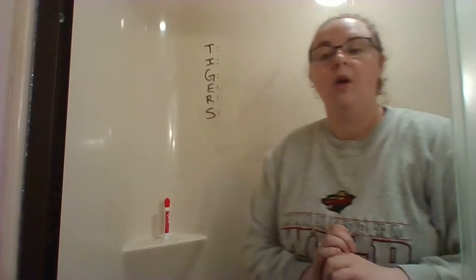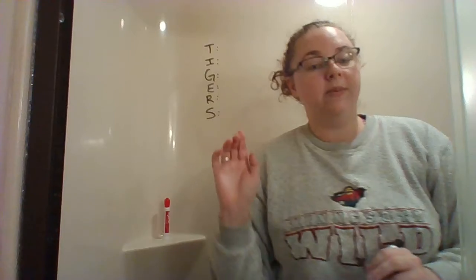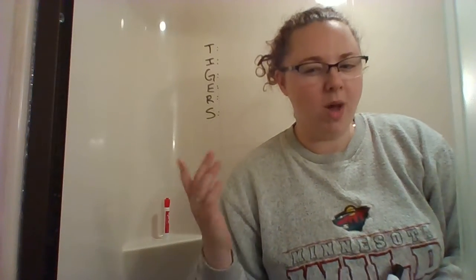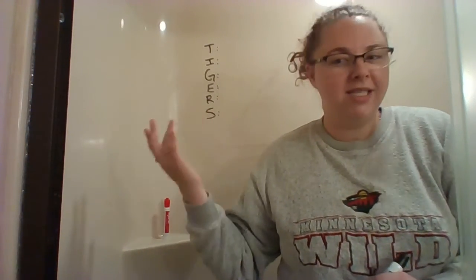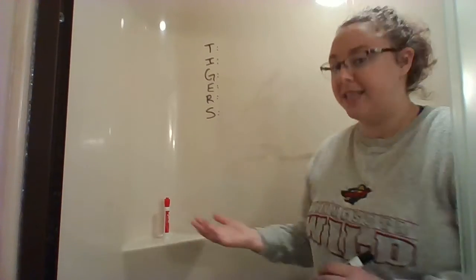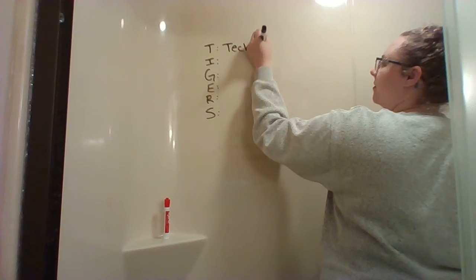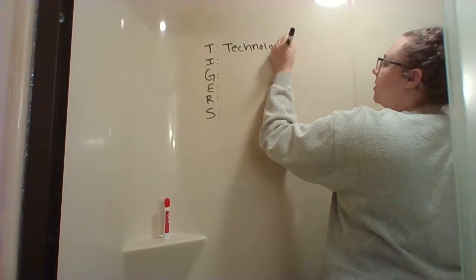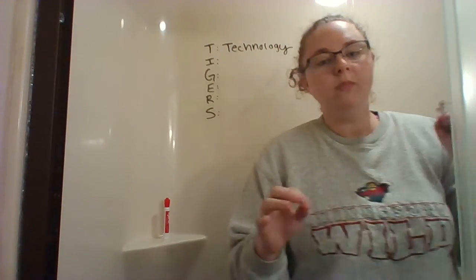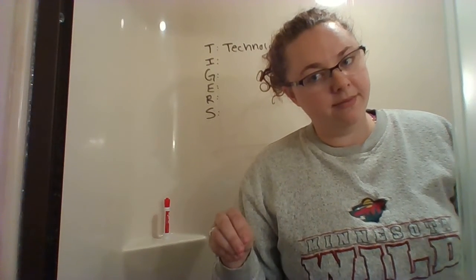We are going to go through these one by one, and I will explain to you exactly what happens to graphs when each of them is put in place. The first one we're going to talk about is technology. Here's the important thing with technology. We're always talking about advancements in technology.